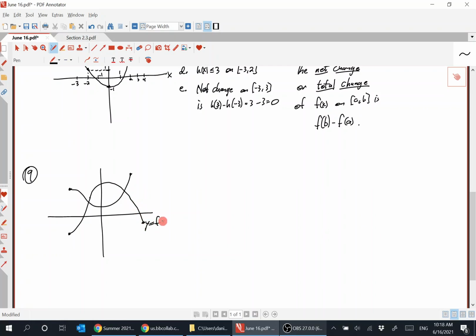So this is y equals f of x, y equals g of x. And you can see where they cross on these grid lines. That is the point -2, 1 right there.